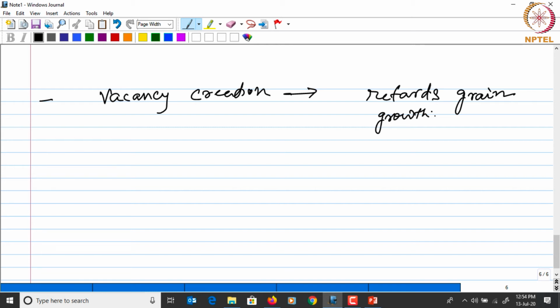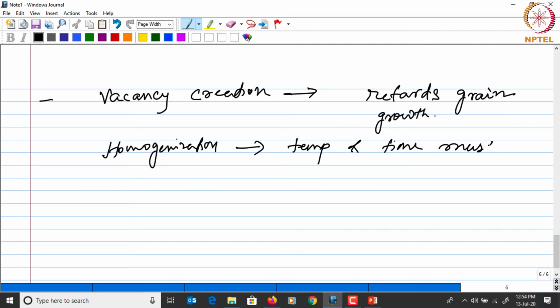But in order to achieve that homogenization, the temperature and time cycle has to be controlled. Otherwise, there will be issues with regard to the final material composition and also dimensional changes and so on.